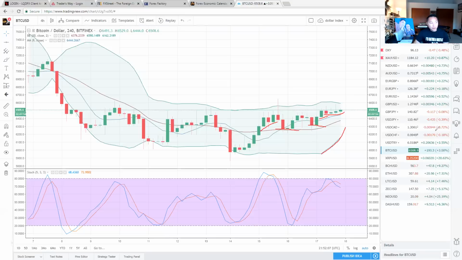But you have to remember that previous resistance needs to break and close, not just the wick. I don't ever go off a candle wick like this and say, oh, that's a strong buy.